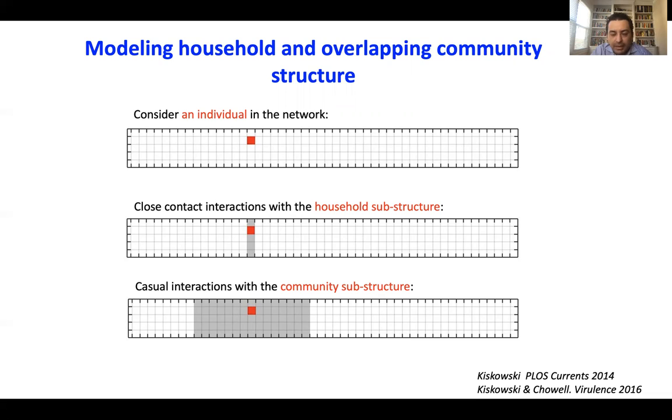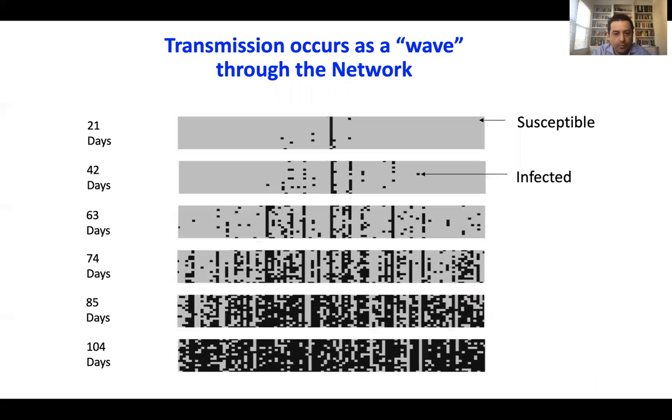So individuals mix at the household level, but the individuals also mix at the community level, and the communities are overlapping. So we need two parameters, the size of the households and the size of the communities in terms of the number of households per community.